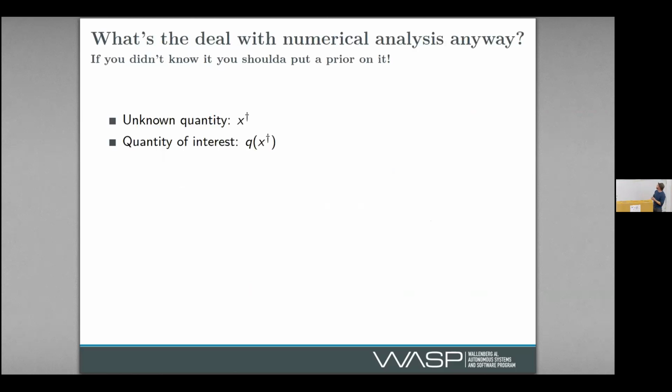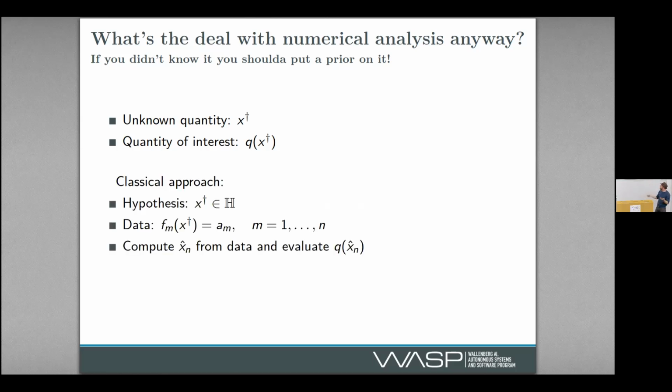Okay, so what is numerical analysis? Well, we have some unknown quantity X target, and some quantity of interest, Q of X target. So for instance, X could be the integrand, and Q could be the integral operator.